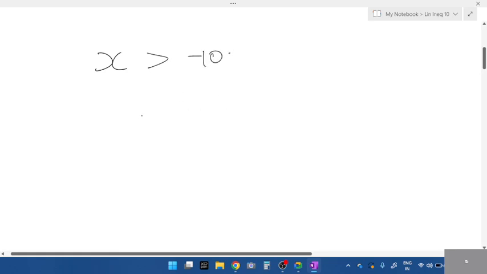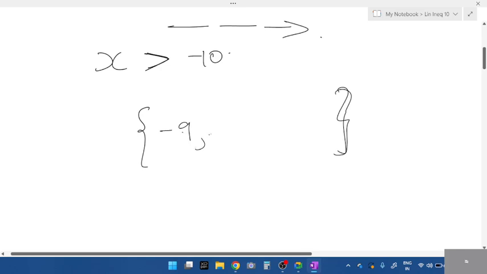How do you write the solution set for this, students? Greater than is given. Which side is the arrow facing? It is going towards the right hand side. On the right hand side, what do we have? If you take after minus 10, what do you get? Yes, minus 9, minus 8. See, the number line goes like this.